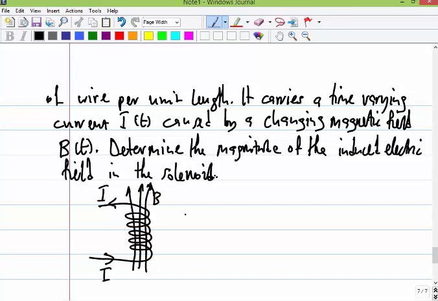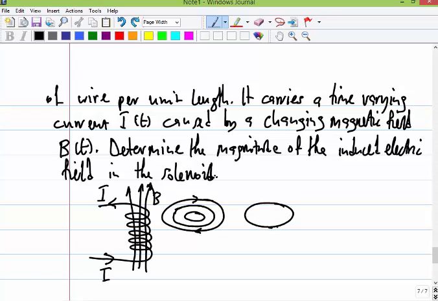So we got a field that way. And in this field, because the magnetic field is changing, it induces an electric field. You can think of the field lines that way in the solenoid. The field lines will be going that way, because the current is induced in such a way as to oppose a change in flux. Since the current is this way, it means the electric field lines are that way.